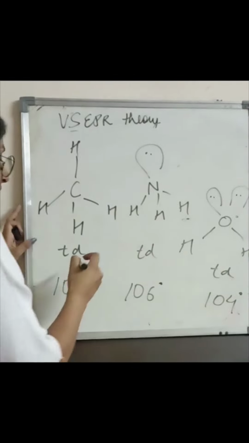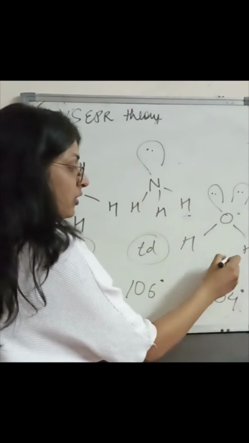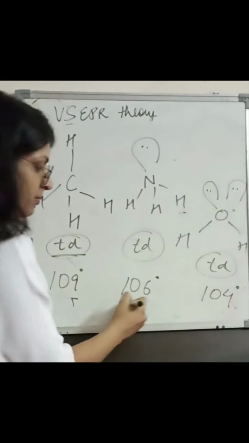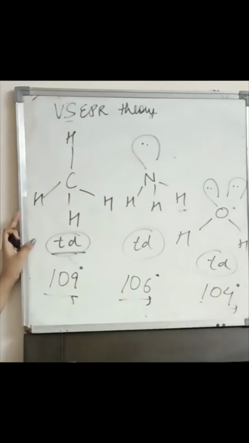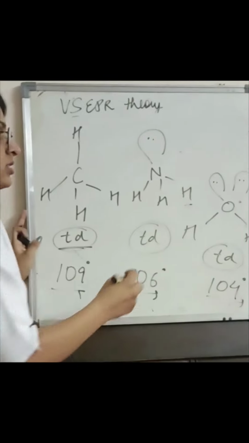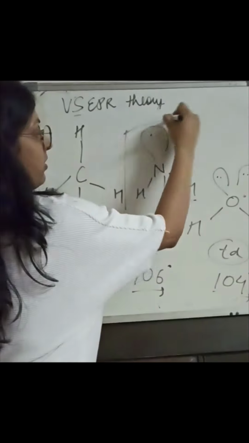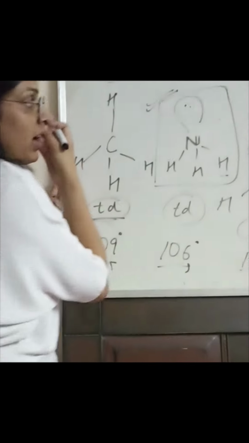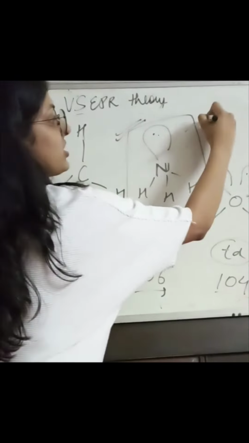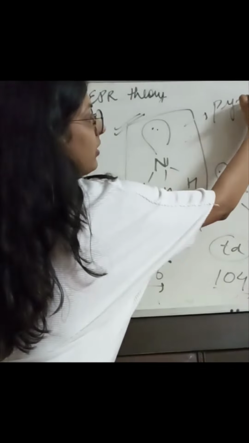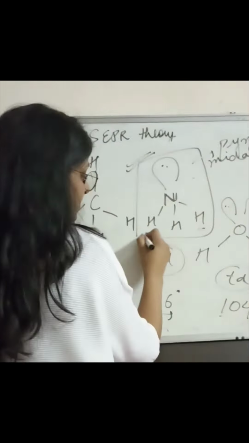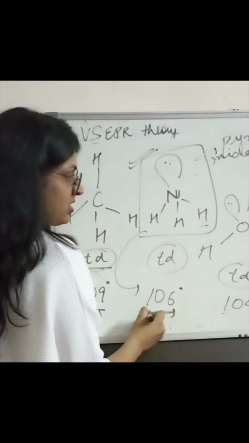Now when the geometries of all three of them are tetrahedral, why is there variation in the bond angles? We see that due to the presence of lone pairs, that is one lone pair in nitrogen, in ammonia we have one lone pair, due to which its shape is pyramidal, and hence its bond angle is 106 degrees.